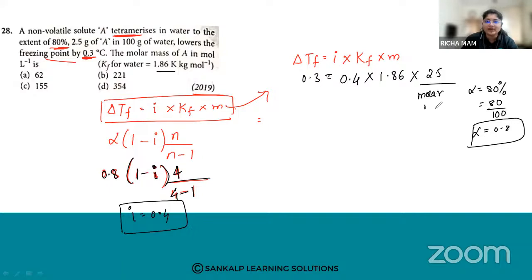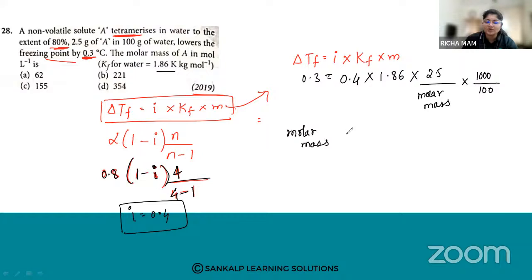So we need to find out the molar mass of A, which is the non-volatile solute. We don't know it, so we have to find the molar mass: given weight upon the molar mass of that, into 1000 divided by 100. So find out the molar mass from this formula. Molar mass is equal to 2.5 into 1.86 divided by 0.4 into 0.3.